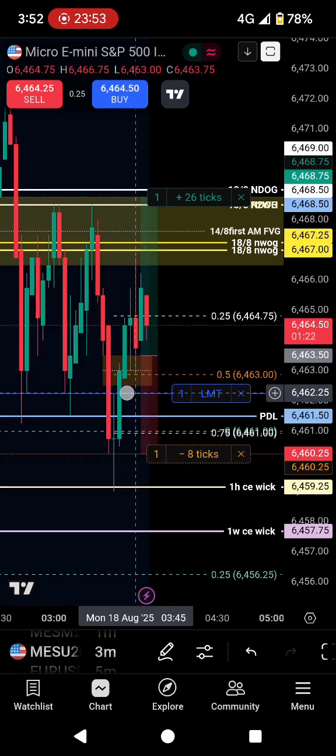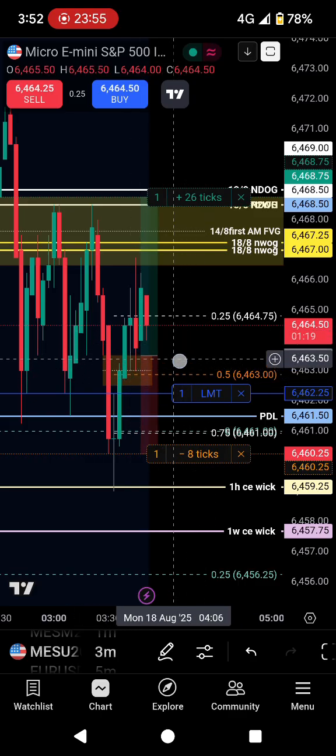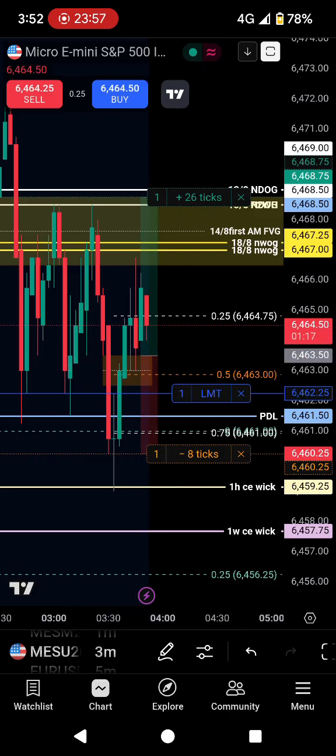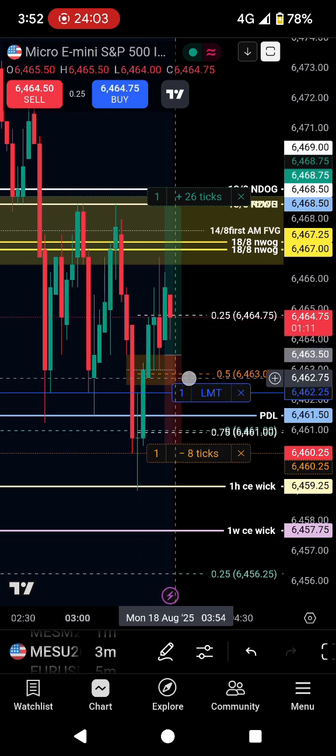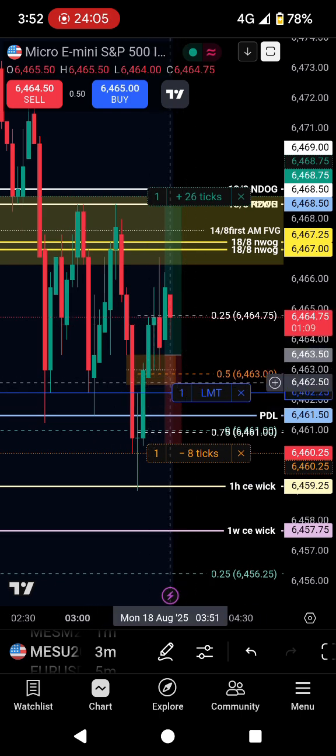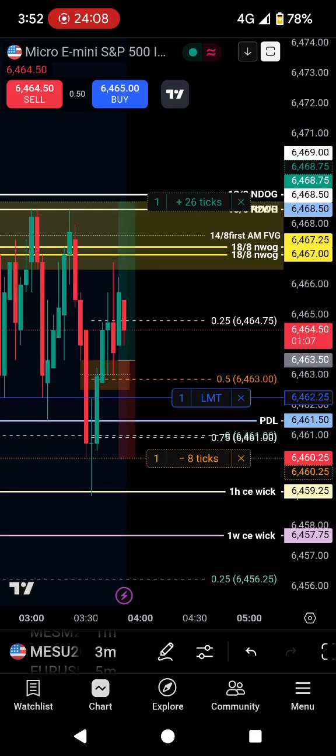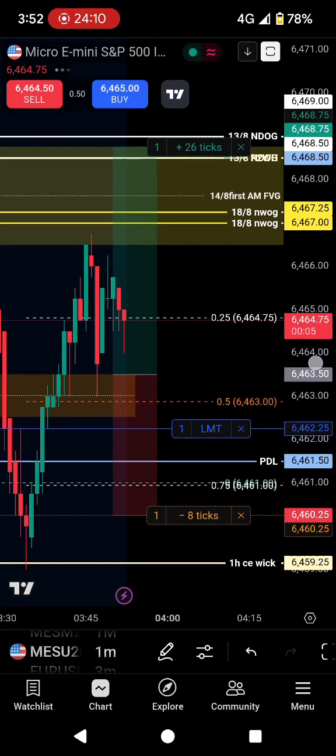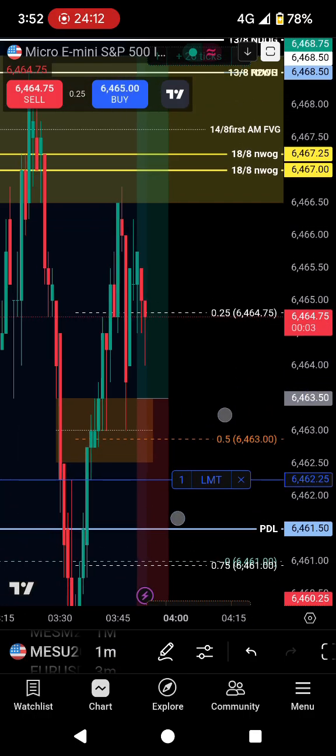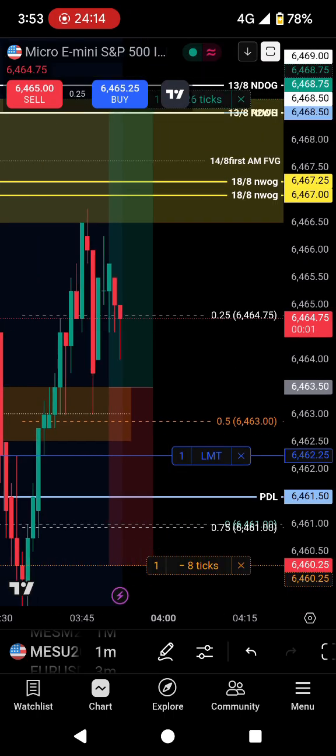And so this is the 3-minute chart. Still got this inversion fair value gap here. Anyways, this fair value gap that I'm seeing, if you don't get it, so be it, you know.